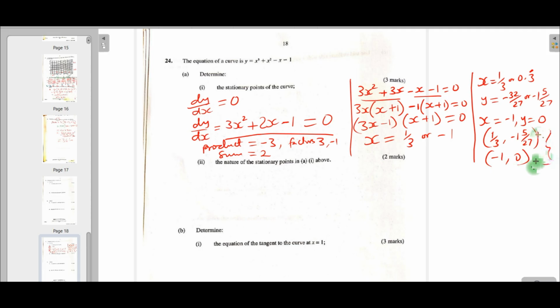Then the nature of the stationary points. So for us to get the nature of the stationary points, we need to look at each of the points, whether it's a minimum point or a maximum point. And in that case, we need to look at the nature at that particular point, and therefore allow me to consider some few values.